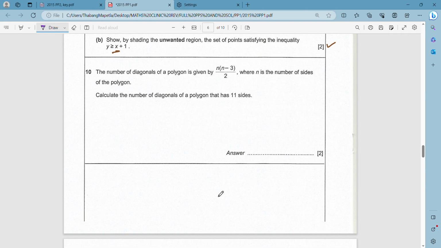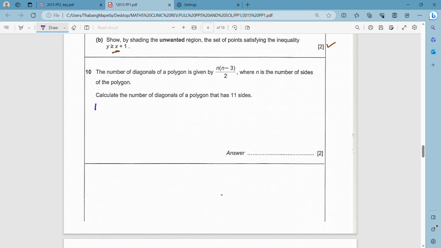Okay, we are given the formula, we are simply plugging in. Remember, n is the number of sides of the polygon. So we are asked to calculate for that shape with 11 sides. I forgot what it's called.